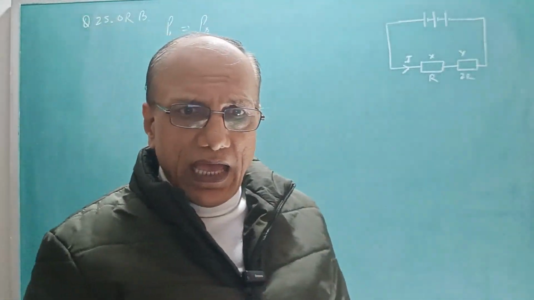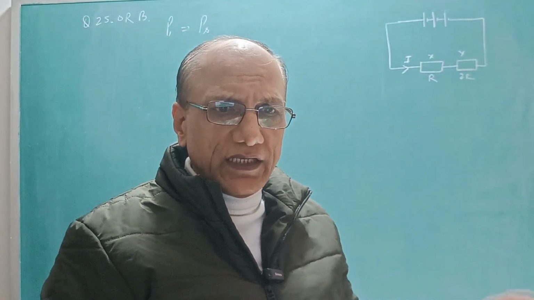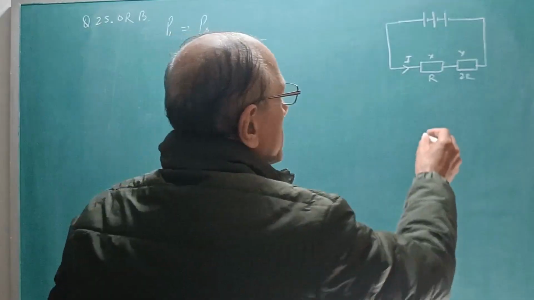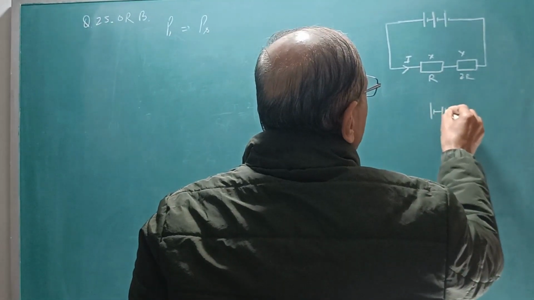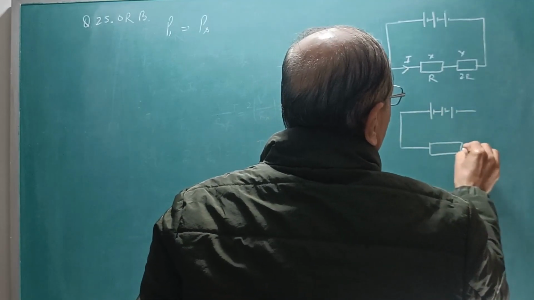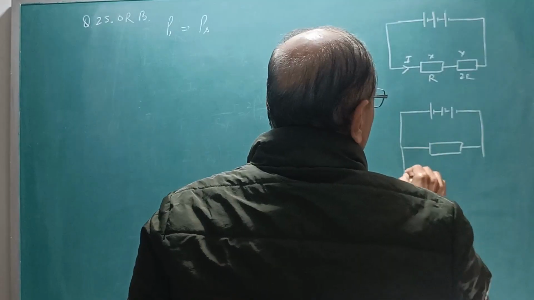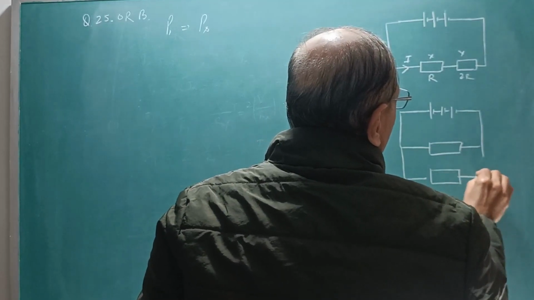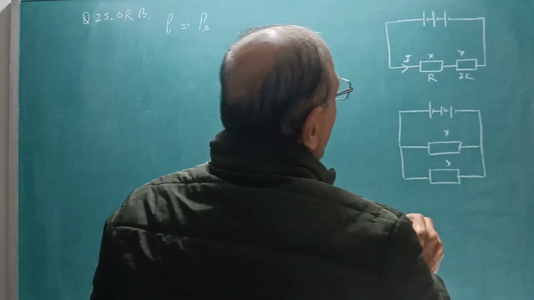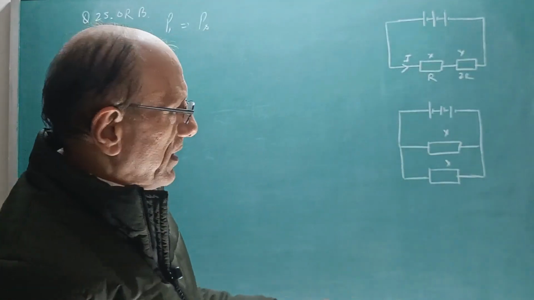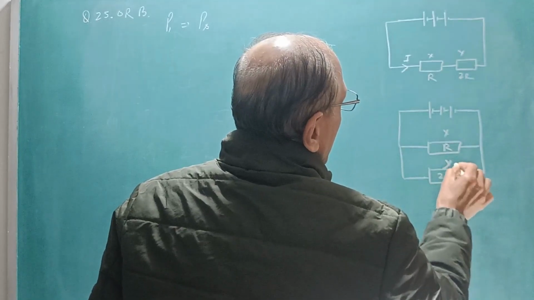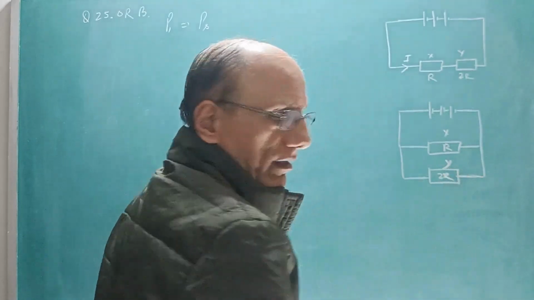So P1 is the power in series, and when these resistors are connected in parallel to the same battery, that means when they are connected like this, this is X and this is Y in parallel, then this is R and this is 2R.